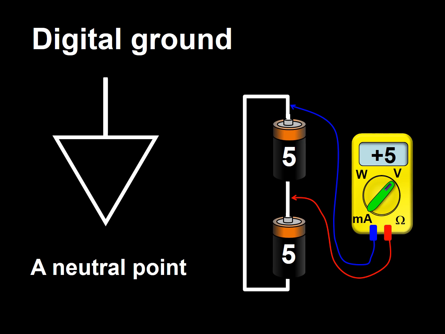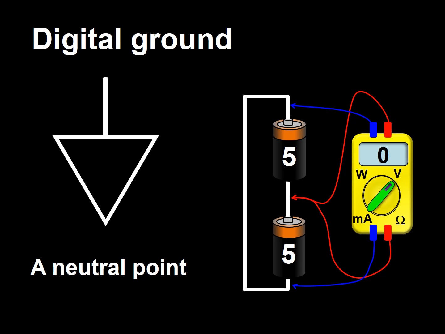Now, if we measure the voltage by placing one probe between the two batteries and the other to the circuit above the second battery, the voltmeter will show a value of 5 volts. If we were to invert the connection of the voltmeter and measure from between the two batteries to the lower segment of the circuit, as shown in this frame, the voltmeter will show minus 5 volts.